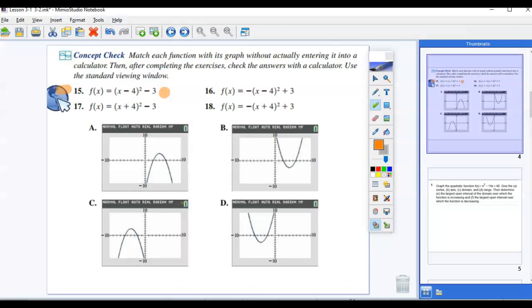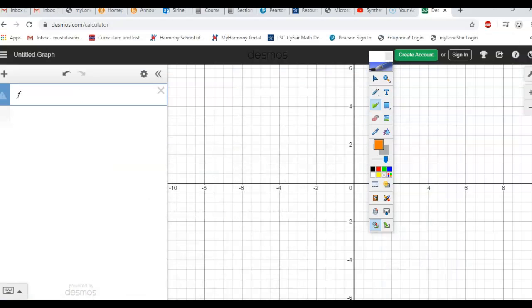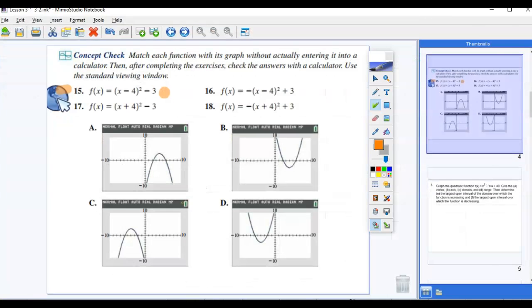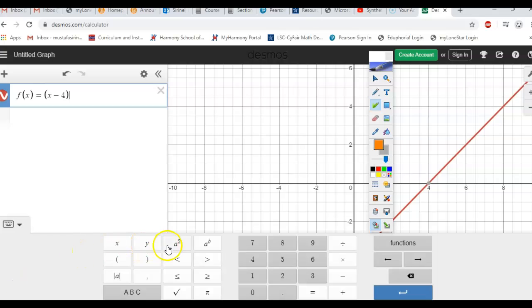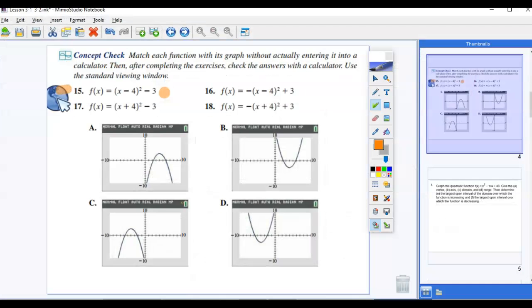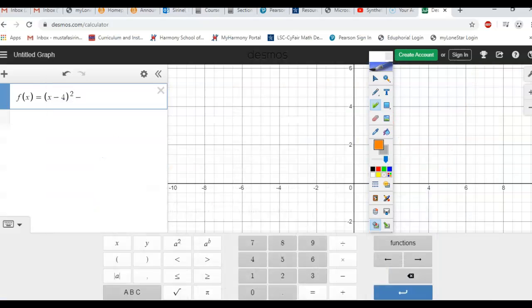What was my function? f of x equals x minus 4, close parentheses. You can open up this keyboard here, squared, minus 3.